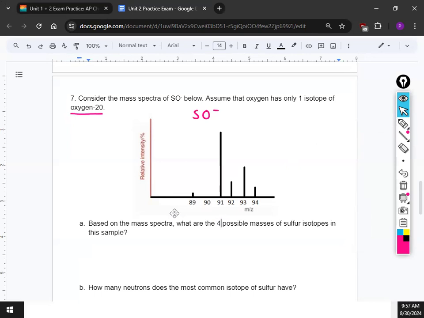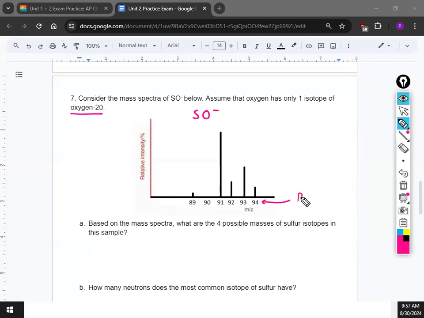Okay, so if you guys remember, mass spectra basically tells you the mass number, right? So at the very bottom, these numbers right here are pretty much telling you all of the protons plus the neutrons combined. Okay, so far so good? Okay, now, the reason why this mass spectra is a little bit different is because in the previous examples, we've only talked about one element at a time, right? But this one is a molecule, right?